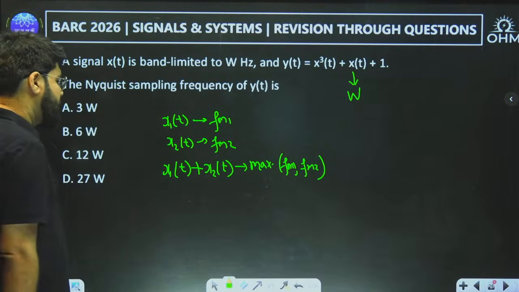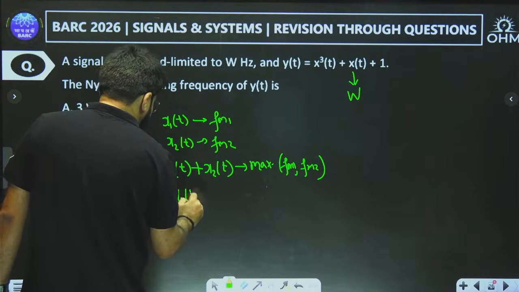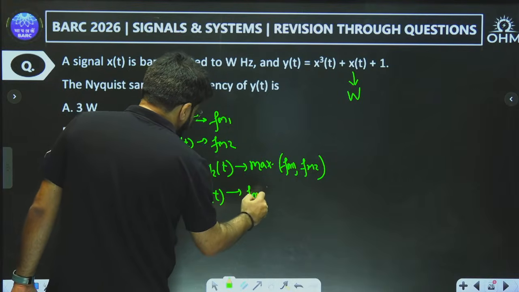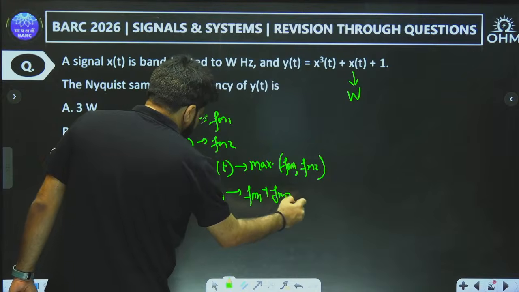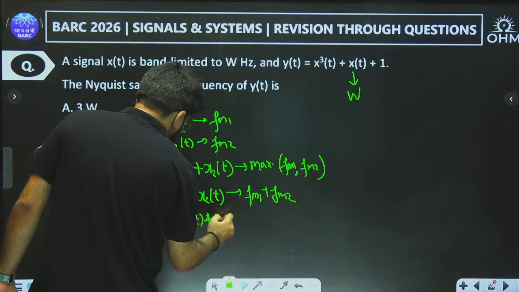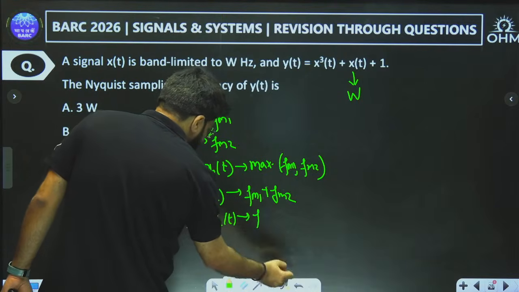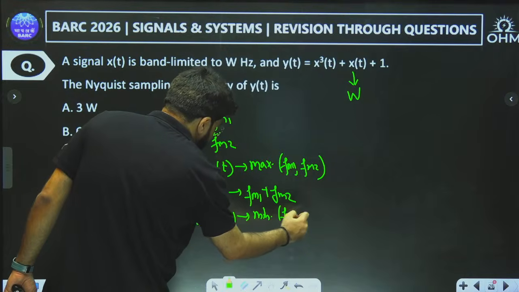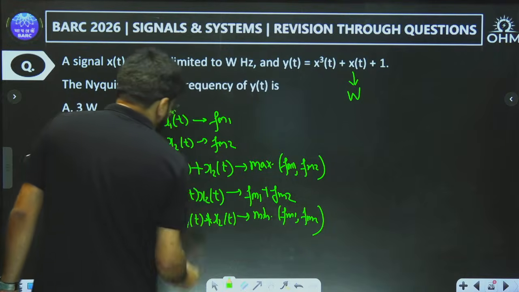Similarly, if you multiply them, x1(t) into x2(t), the highest frequency component of the resultant signal will be fm1 plus fm2, and when you convolve them, the highest frequency component is the minimum of fm1 and fm2.